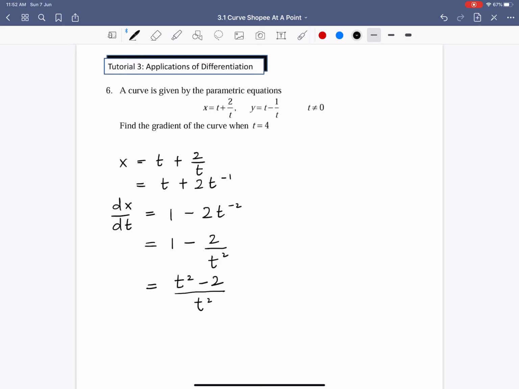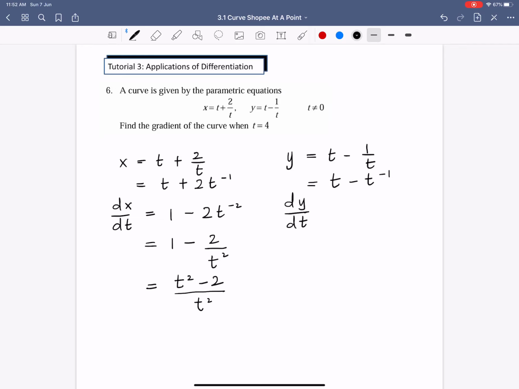Next, you are given that y equals t minus 1 over t, where this can be rewritten as t minus t power of negative 1. Therefore, from here, we can find dy dt. We find dy dt, not dy dx, because y is in terms of t.